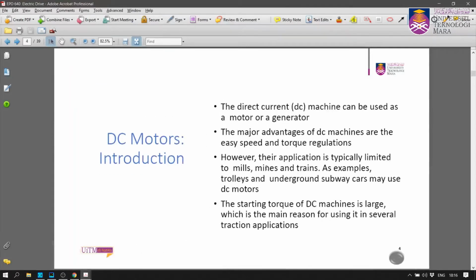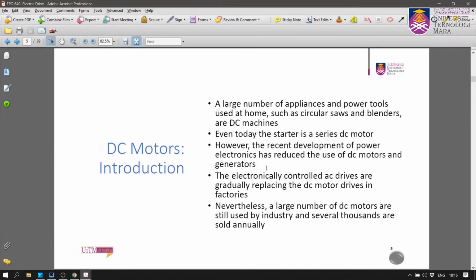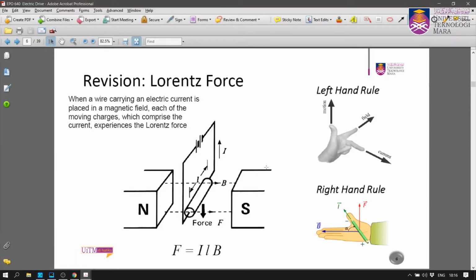This is the motor introduction, and then some revision on the Lorentz force. What's the Lorentz force? So you have to use the left hand rule, right hand rule. So those are the two rules. I mean, the rules are for the force that rotates these machines.